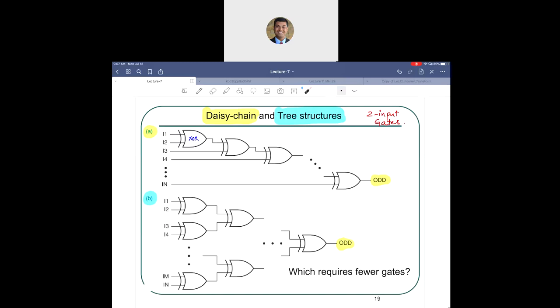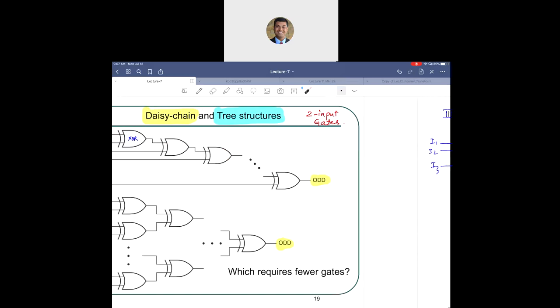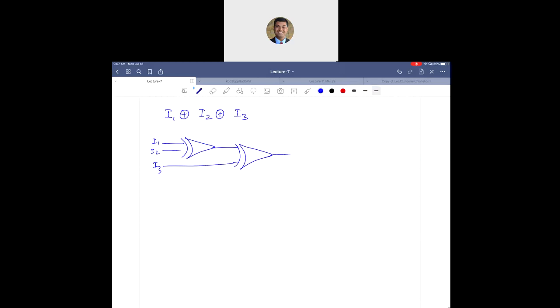But even if everything works, you still have that gate delay problem. One guy changes instantly, the other guy changes very, very slowly. So even if the inputs I1, I2, I3, say this is F, if I3 changes, F is going to change instantly.